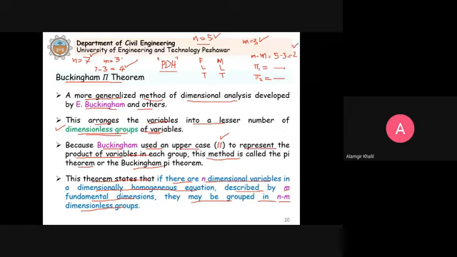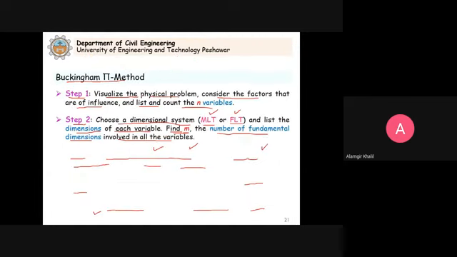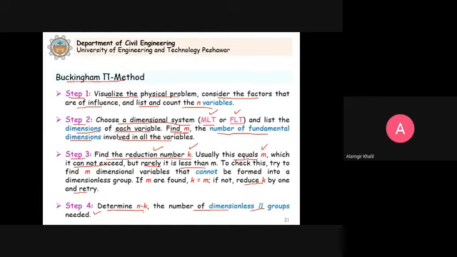For example, here you need 4 dimensionless groups, pi 1, pi 2, pi 3, pi 4 to solve the problem. This is what we say here: determine n minus k, which is usually equal to m. So this will give us the number of dimensionless groups that are required to solve the problem.